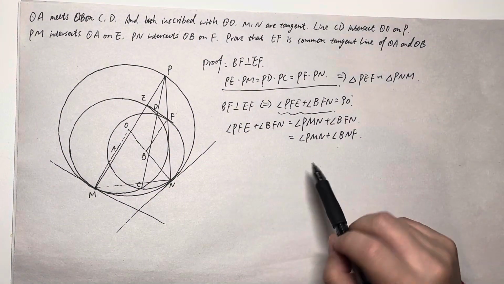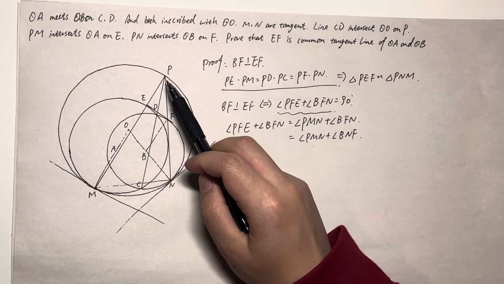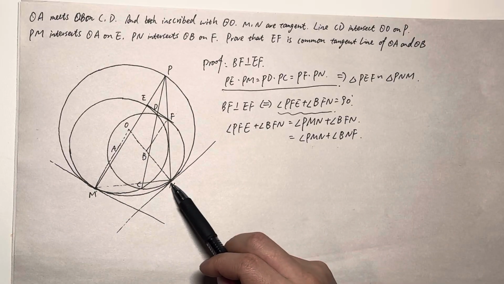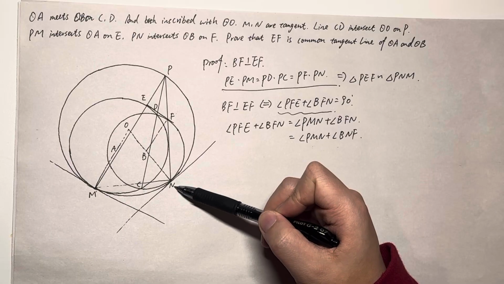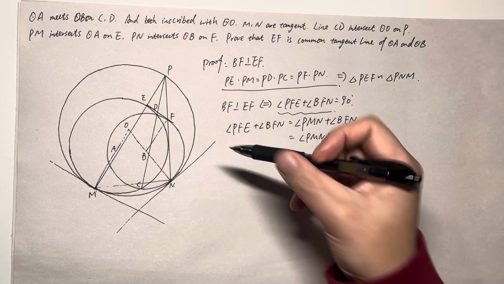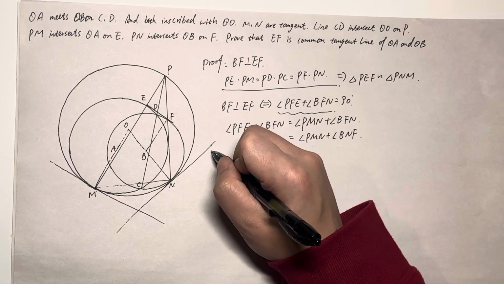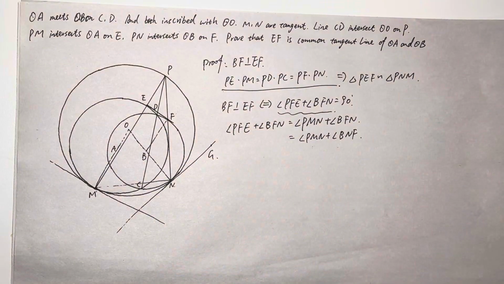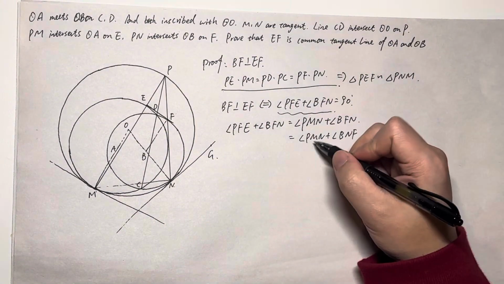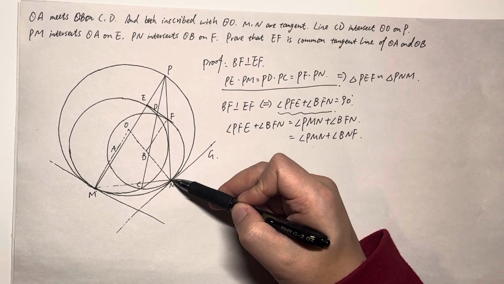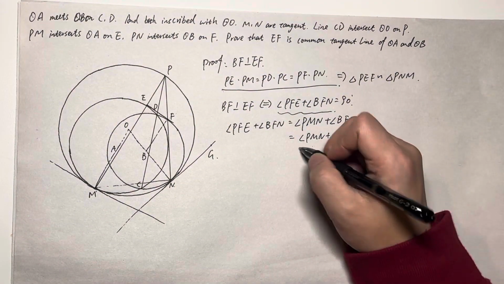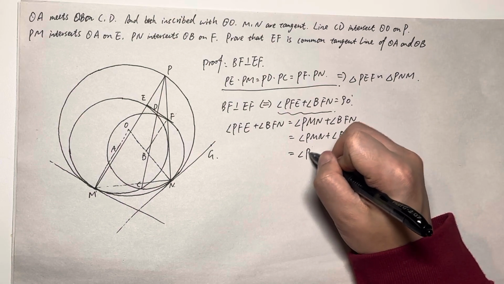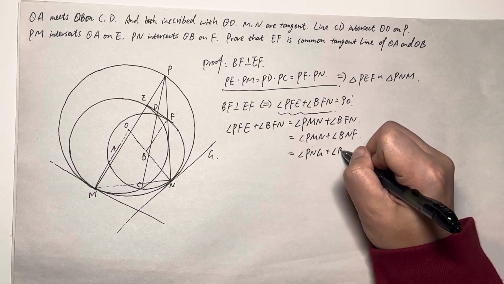And we know that angle PMN, because N is a tangent point, so let's call this point G, equals angle PNG. So this equals angle PNG plus angle BNF.